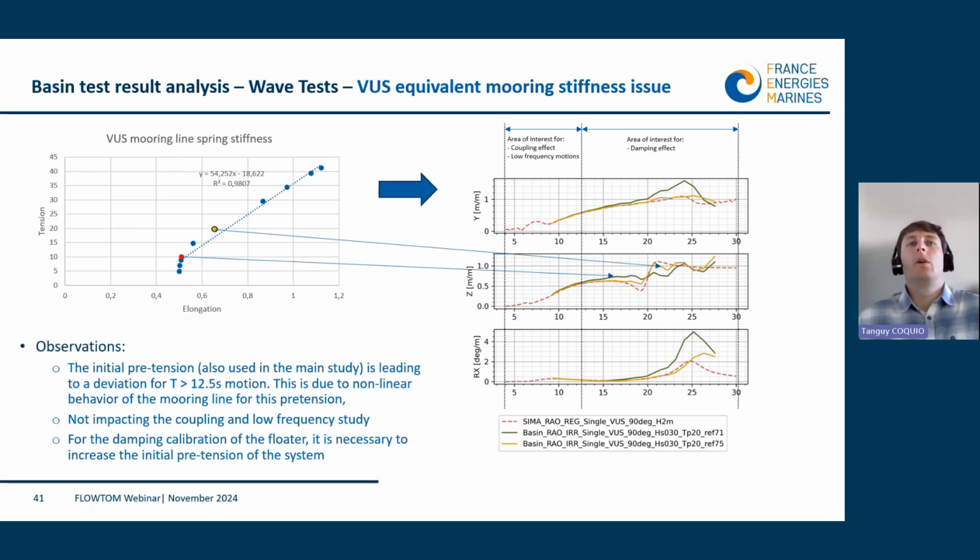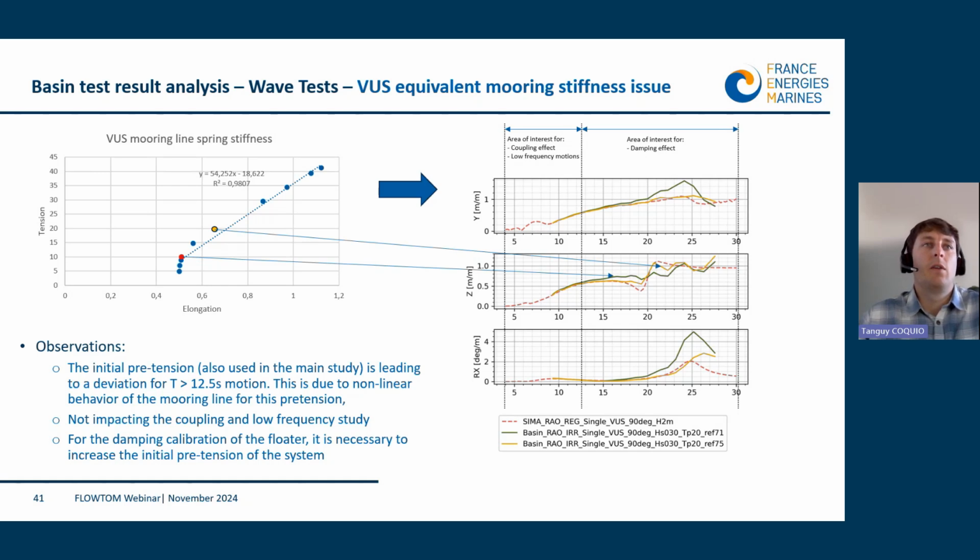Just a small talk about one issue we crossed during this basin test campaign. We realized in the beginning of the first week that we had an issue with the linearity of the spring in the basin for the targeted tension in the line, which is around 10 Newton and corresponds to the red dot on the graph on the left.